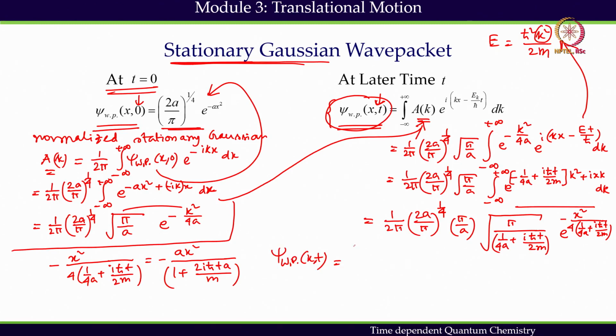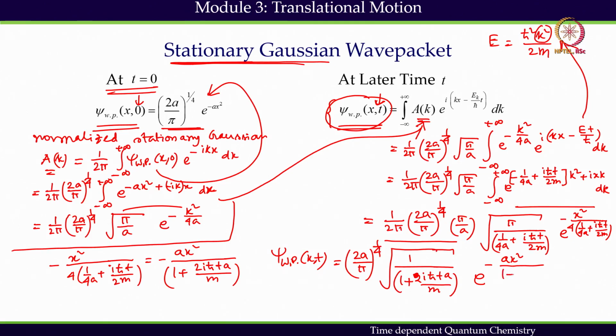I get the analytical form for that, and that is going to be, I just simplify the entire expression as 2a by pi to the power 1 by 4 square root of 1 by 1 plus 2i h cut t a by m, e to the power minus a x square divided by 1 plus 2i h cut t a by m.